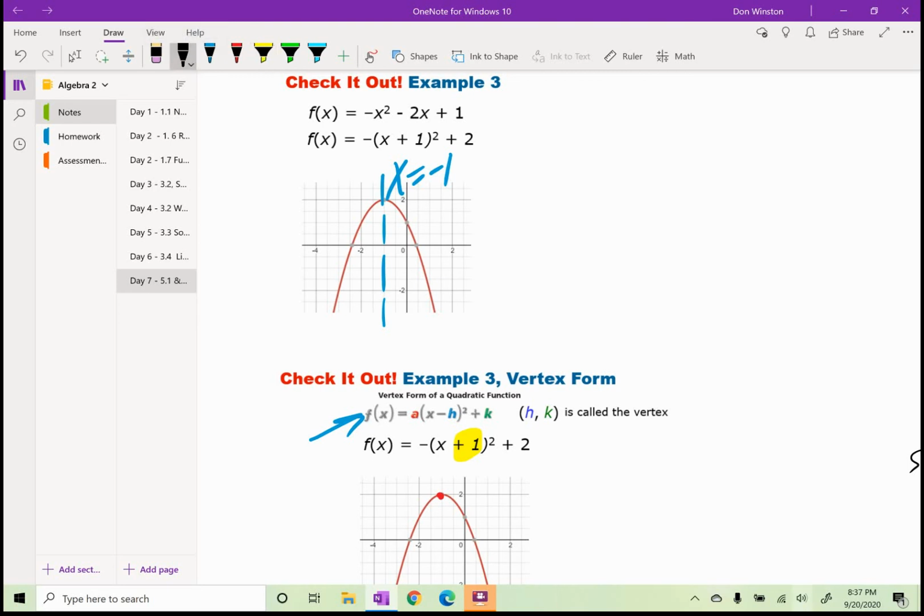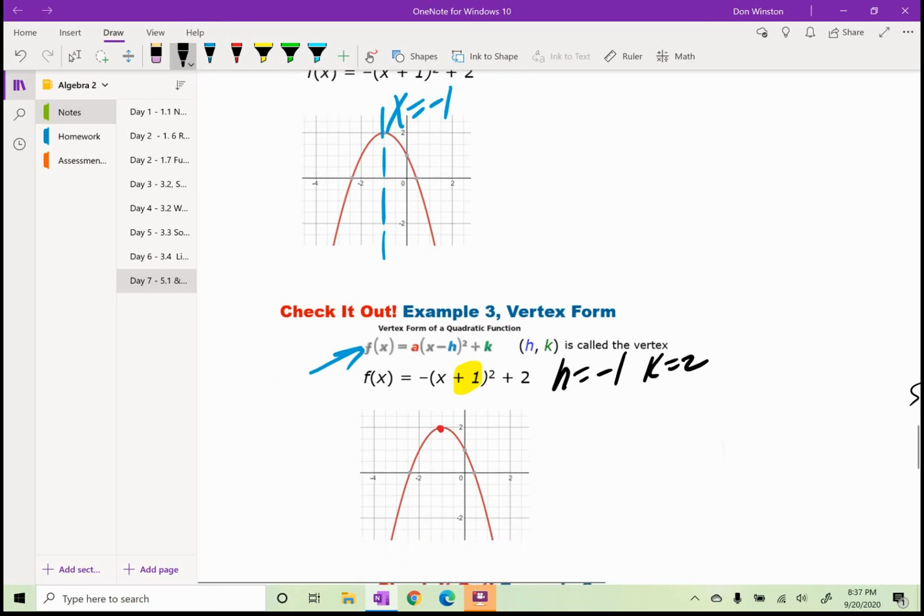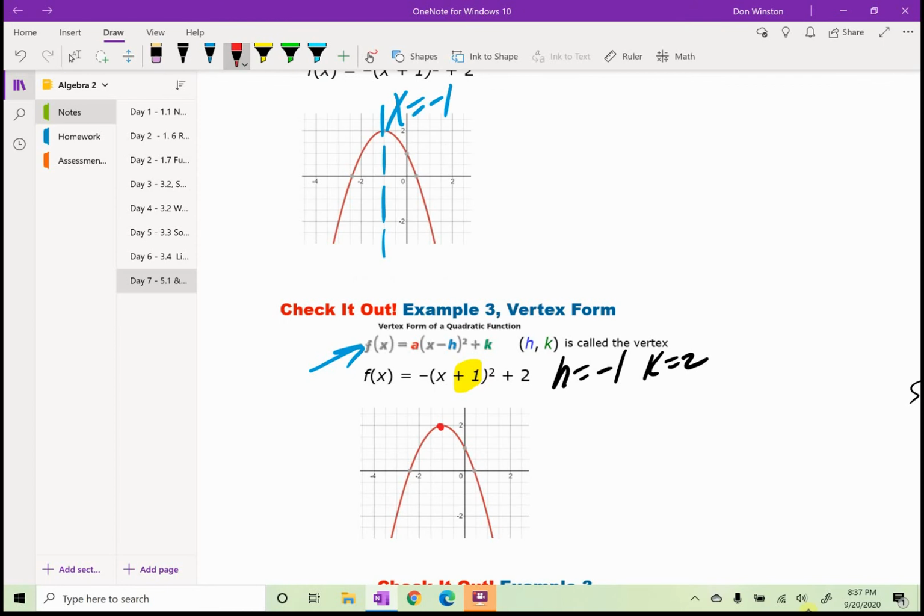So h is equal to negative 1, and k is equal to 2. So my vertex will be negative 1, 2. And you see it there. The axis of symmetry is always part of the vertex. That's x is equal to negative 1.